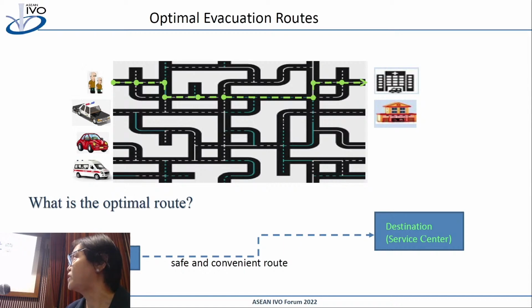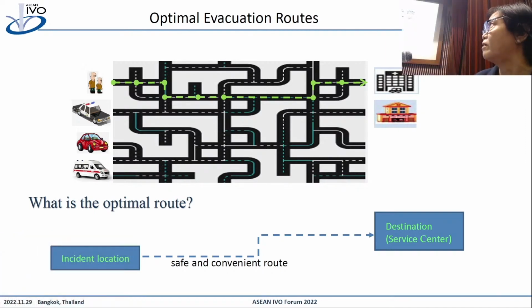According to this situation and condition, we consider developing an optimal route finding system for emergency vehicles such as fire vehicles, police vehicles, and ambulances. Let me explain what the optimal route is.